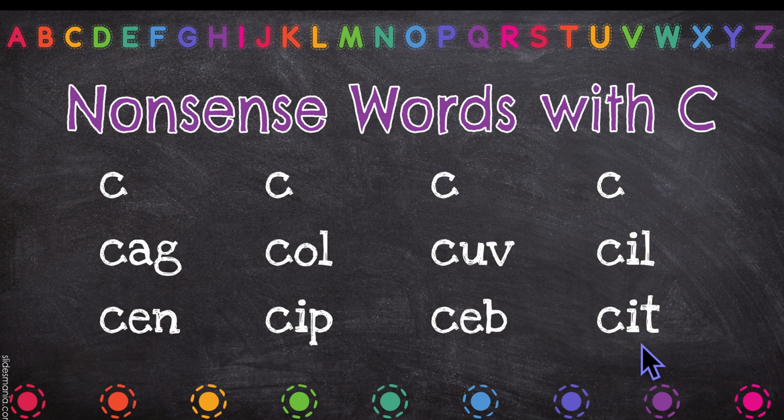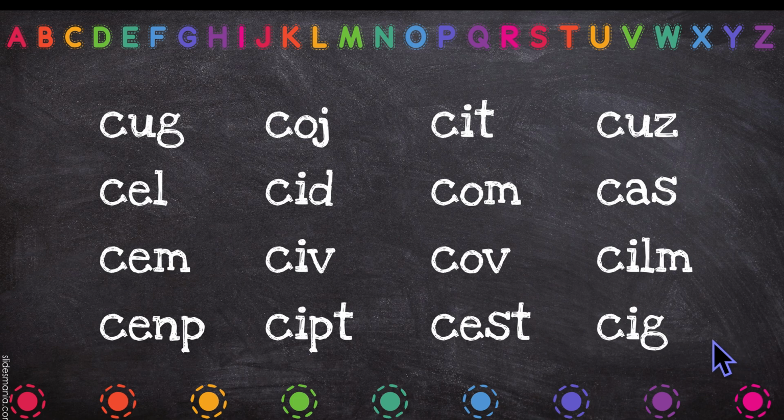E, I, and Y make the C say S. So this word will be S, it, sit. Let's practice some more. Do you remember the rule? E, I, and Y make the C use its second sound, S. This isn't an E, an I, or a Y, so we want to use the first sound, K. K. Ugh, cug.